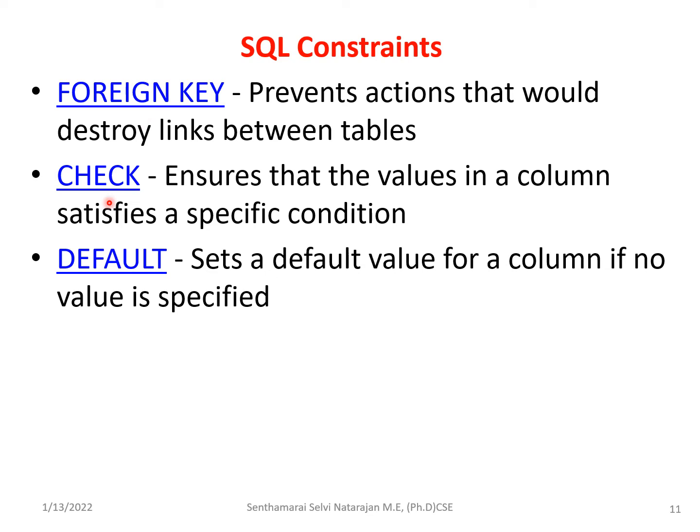And next, check is the constraint which ensures that the column values satisfy a specific condition. And then default is a constraint where the same value is given to all the records in a column. For example, the year of admission of the people in a school, so the year will be the same for all classes. So likewise you can set default values.